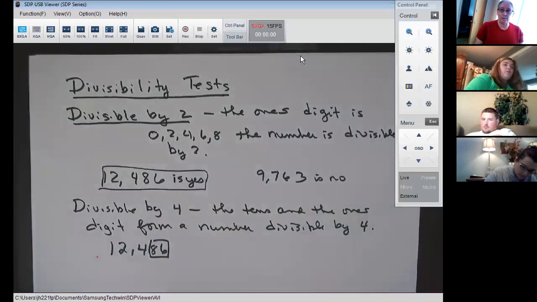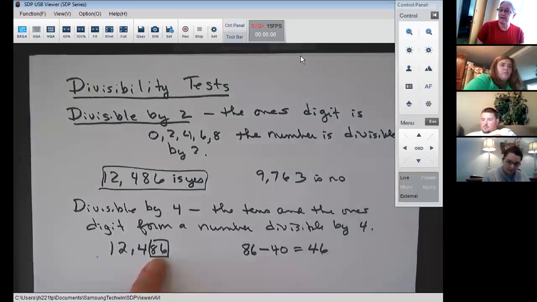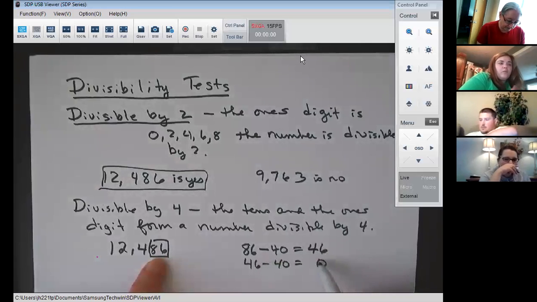Well, 86 isn't one of your multiples of 4 that you were probably forced to memorize, but it's really easy to do this in your head because I know that 4 times 10 is 40. So if I take my 86 and I subtract 40 from that, I get 46. All right, that's still bigger than 4 times 10. So let's subtract 40 again. And that leaves me with a 6.